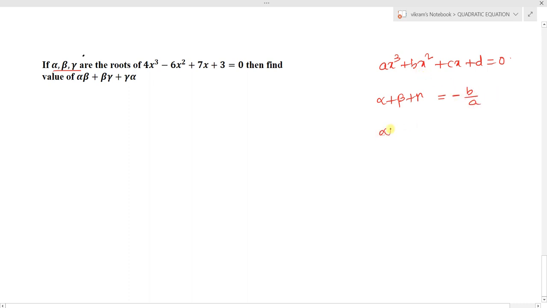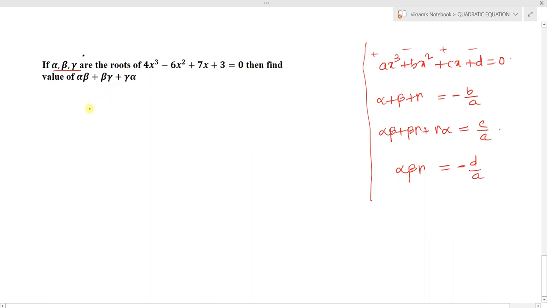Taking two roots at a time, alpha beta plus beta gamma plus gamma alpha is c by a. Taking three roots at a time, alpha beta gamma is minus d by a. I think you understand this concept. Now simply use this concept here.